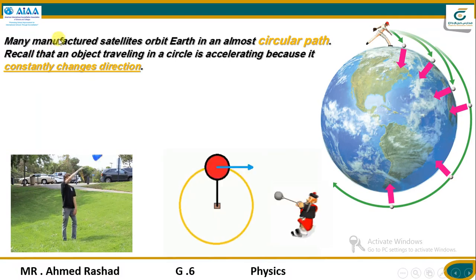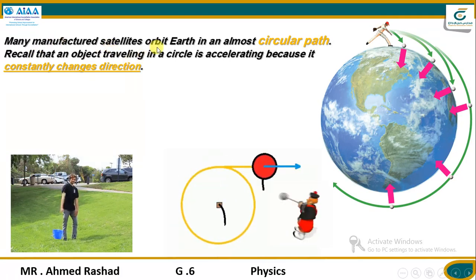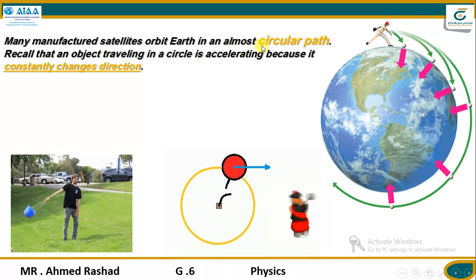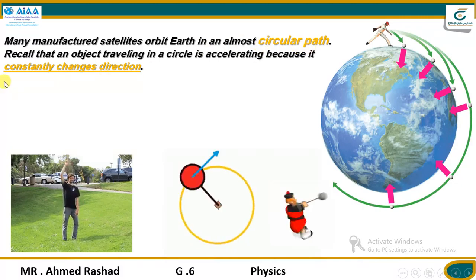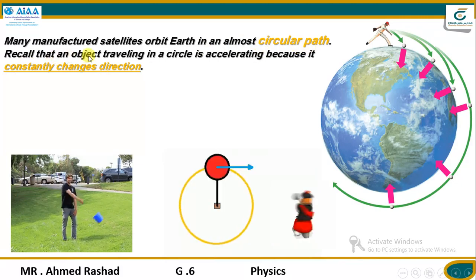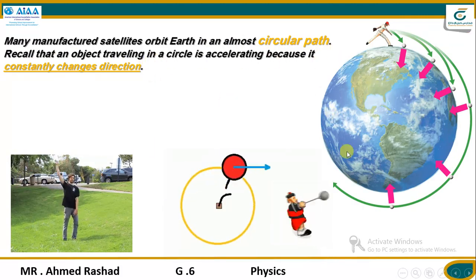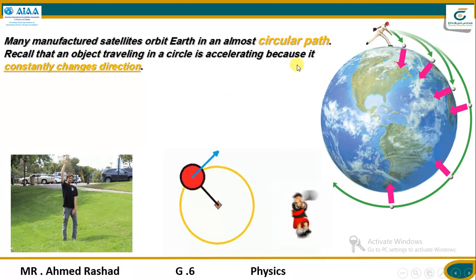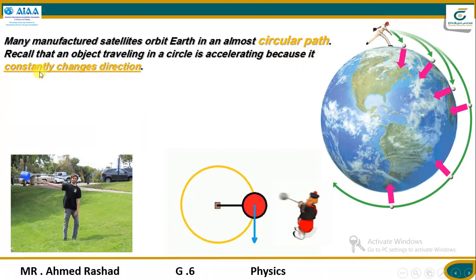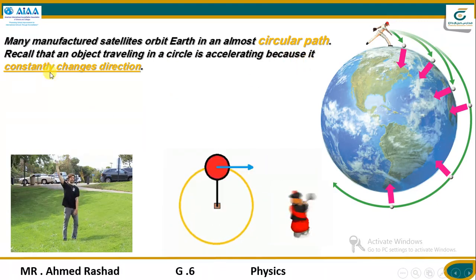Many manufactured satellites orbit Earth in an almost circular path. An object traveling in a circle like this is accelerating because it's constantly changing direction.